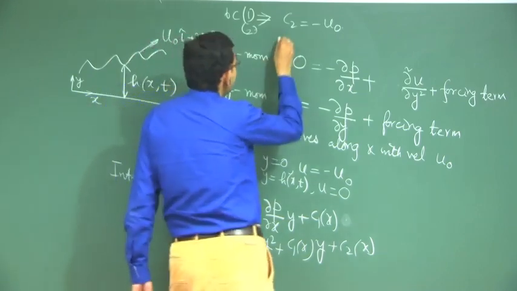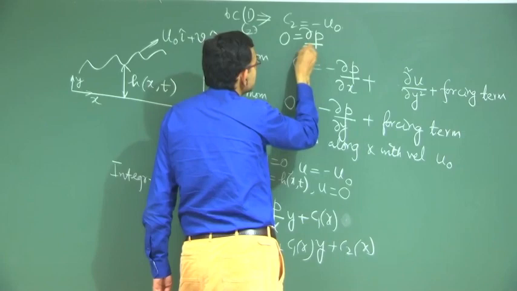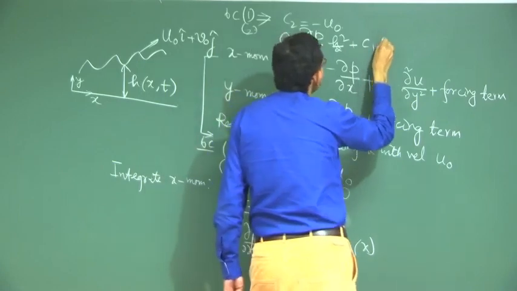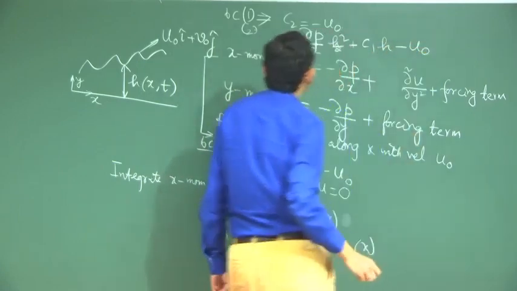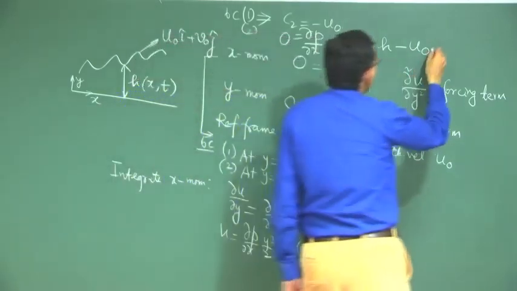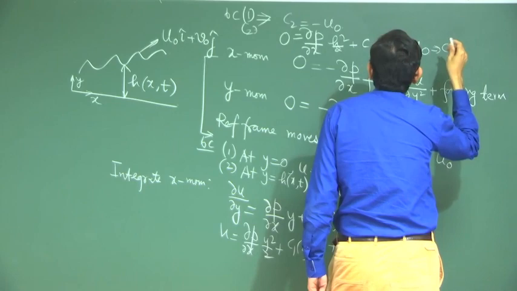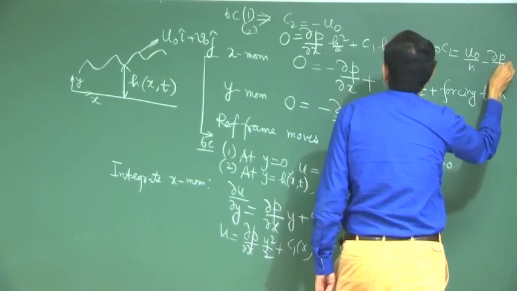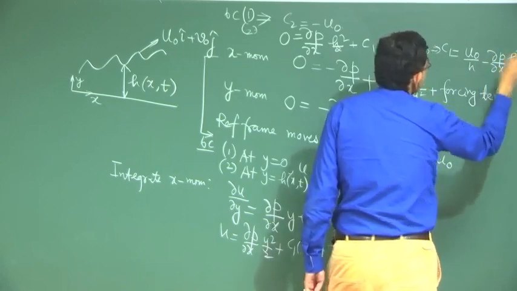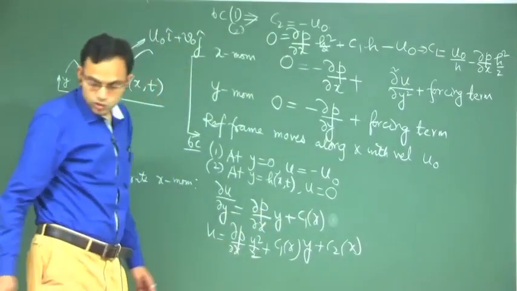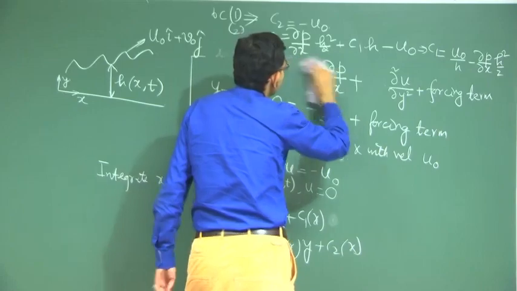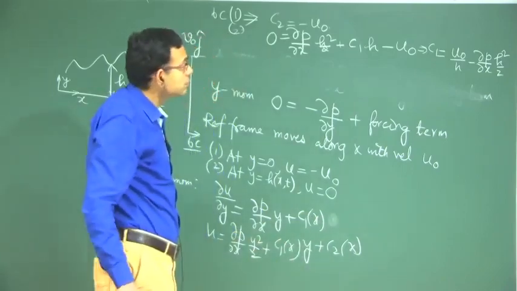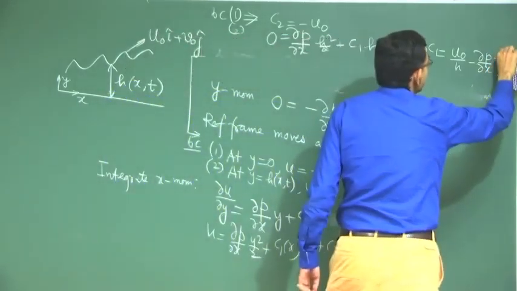So that means that C1 is u0 by h minus, h by 2, right, h by 2.